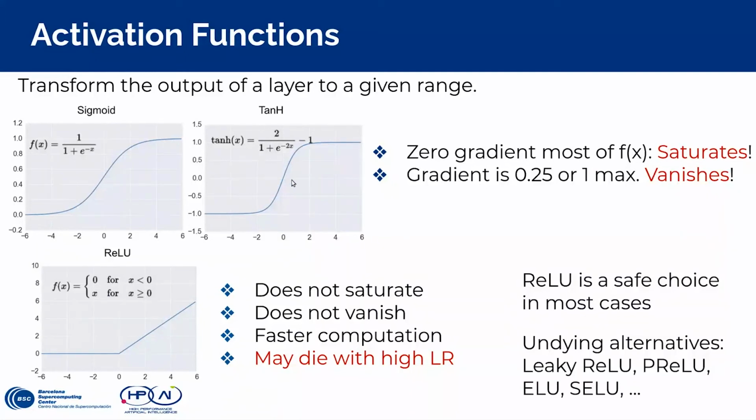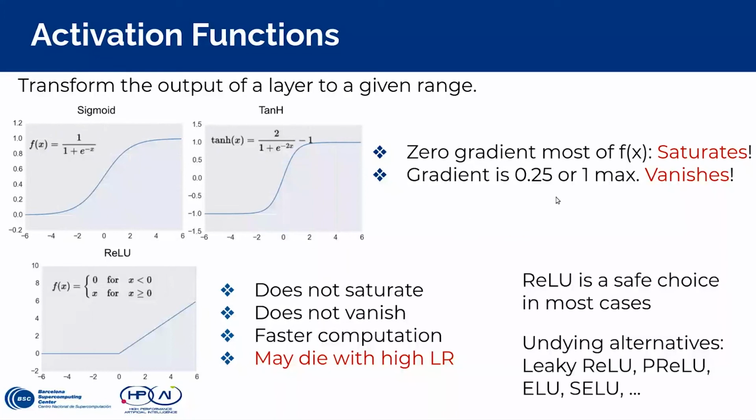Then we have another problem: the maximum gradient here is actually 0.25 for the sigmoid and 1 for the hyperbolic tangent. Because of how the derivative rule works when doing backpropagation, we keep multiplying the gradients one after the other to reach previous layers.